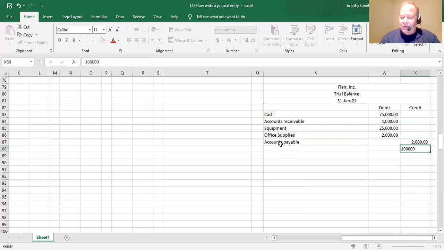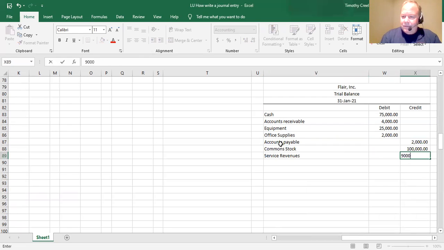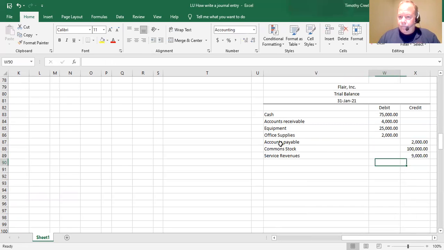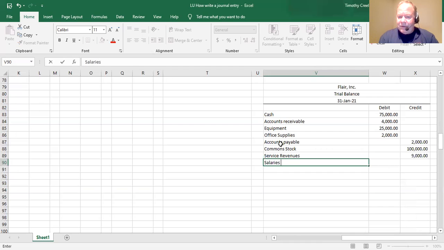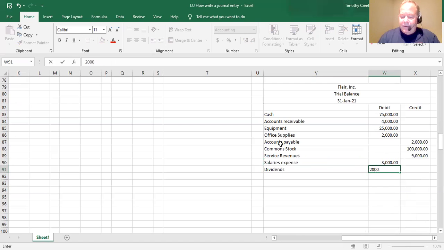And then 100,000 for common stock. And then I think we next have service revenues for 9. And then we would have our expenses. So we would have our salaries expense, which would be 3,000. And our dividends, which would be 2,000.